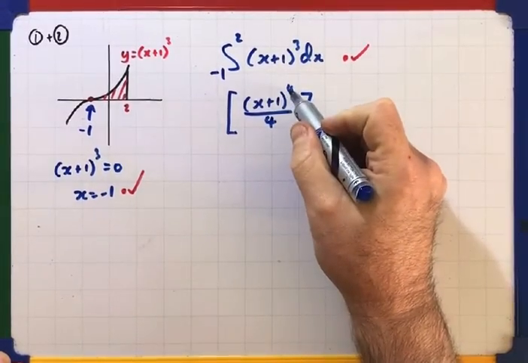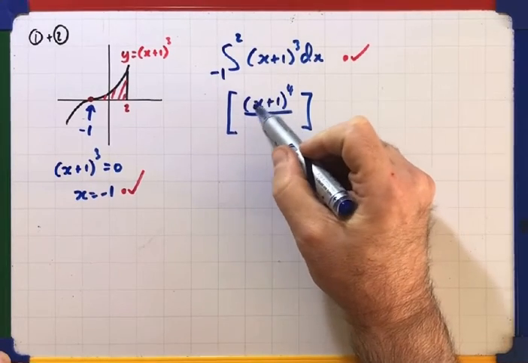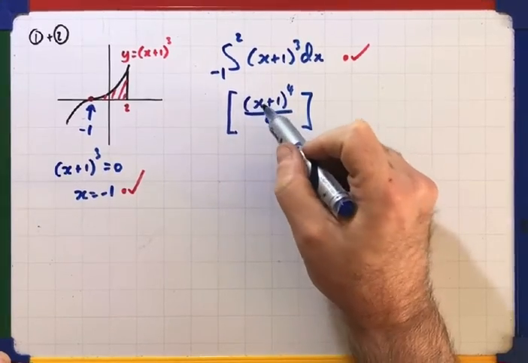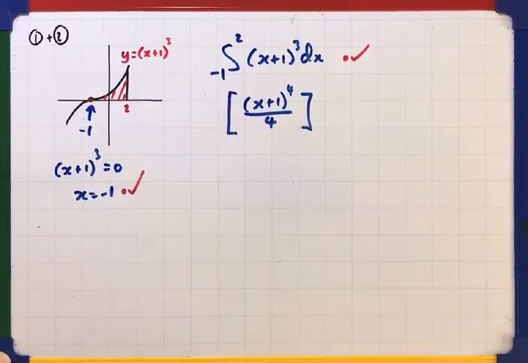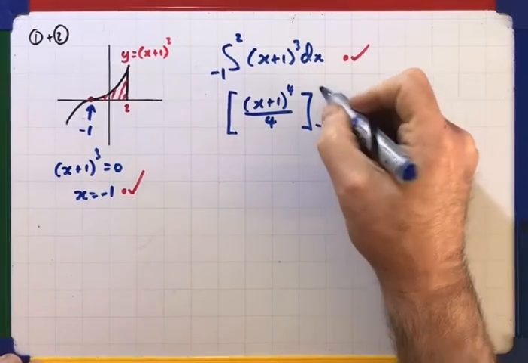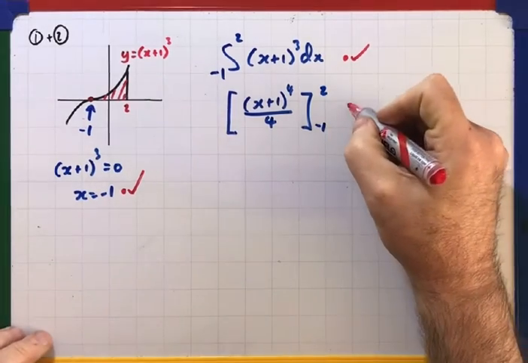Remember, raise the power by 1, divide by the new power. Normally, we'd also divide by the coefficient of x, but that's just 1, so it stays as 4 on the bottom. If you've done between -1 and 2, if you did that, that's another mark.